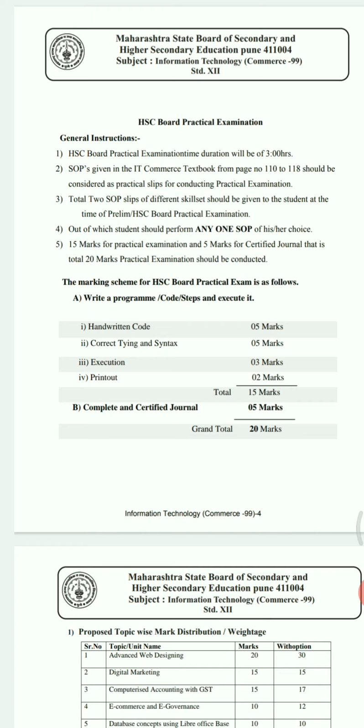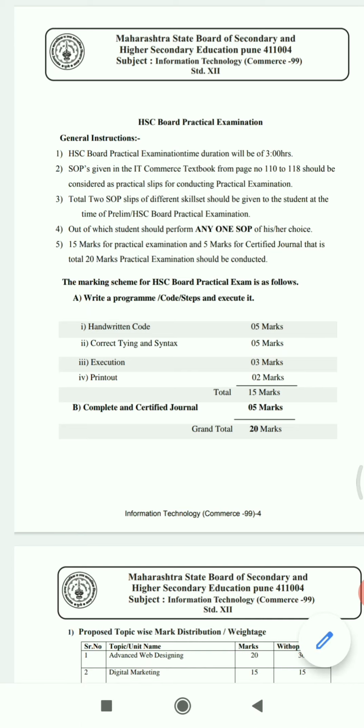There are various practicals in total, and you will get slips of the programming. Two slips of different practical sets should be given to the student. You will not get the same practicals. Two different practicals will be given to each student, and the student should perform any one of them, of his or her choice.